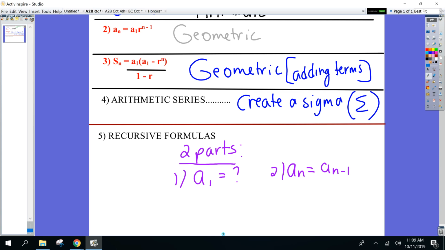Okay, you got to figure out the pattern, all right? Figure out the pattern, and then tell me what you do to the previous term. Don't get that confused, because here's what happened on the quiz. I asked for a recursive formula, and you guys gave me the formula for the nth term. All right, you gave me the formula, but recursive is a1, and then the rule using the previous.